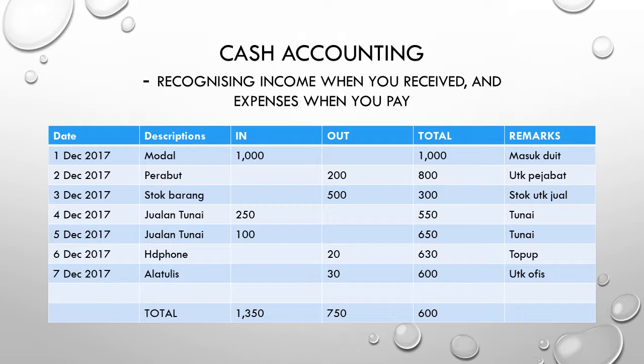Anything going out, we will recognize as expenses. Okay, but later on, there will be other items, like capital. Capital is not an income, it's equity. So that one I will go into further in the following slides.